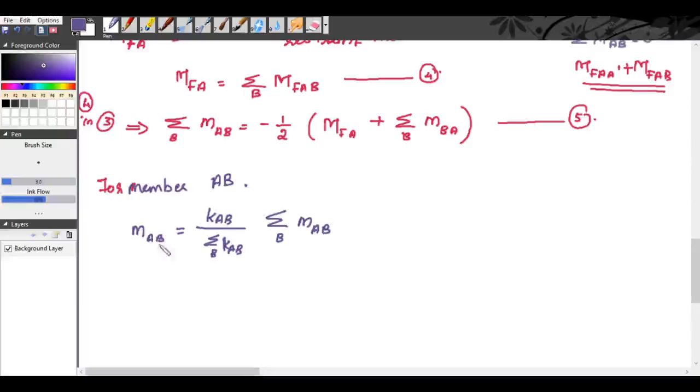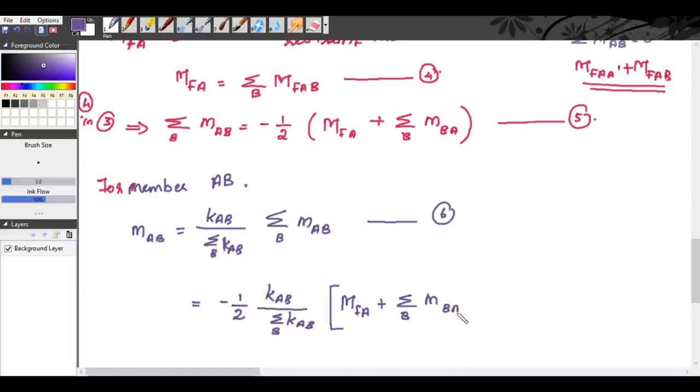So MAB is equal to, substituting equation number 5 in equation number 6, minus half of KAB by sigma KAB multiplied by MFA plus sigma B MBA.